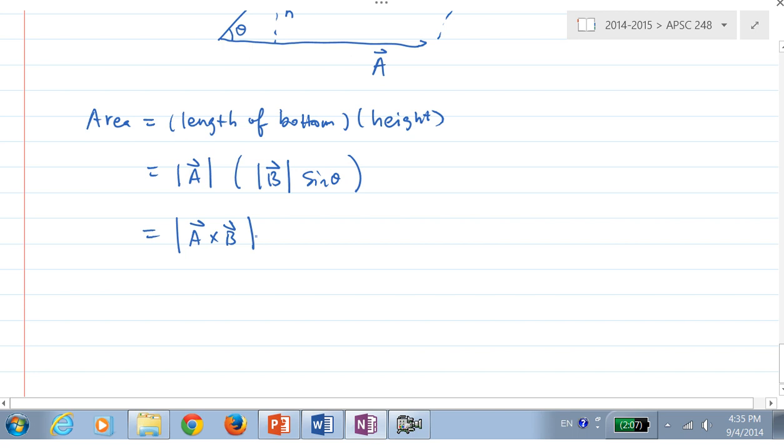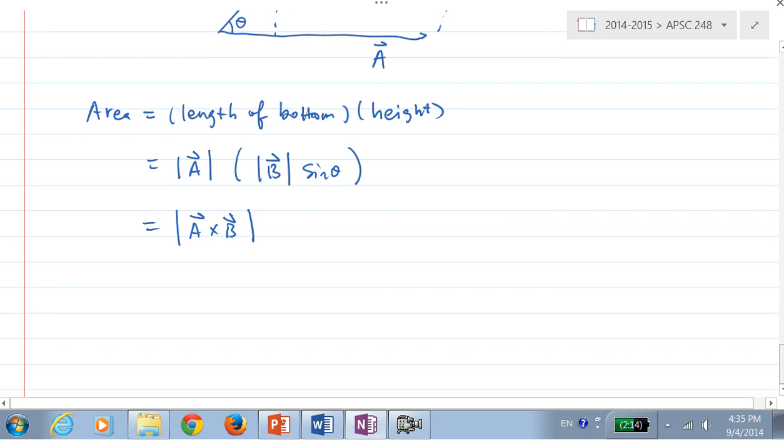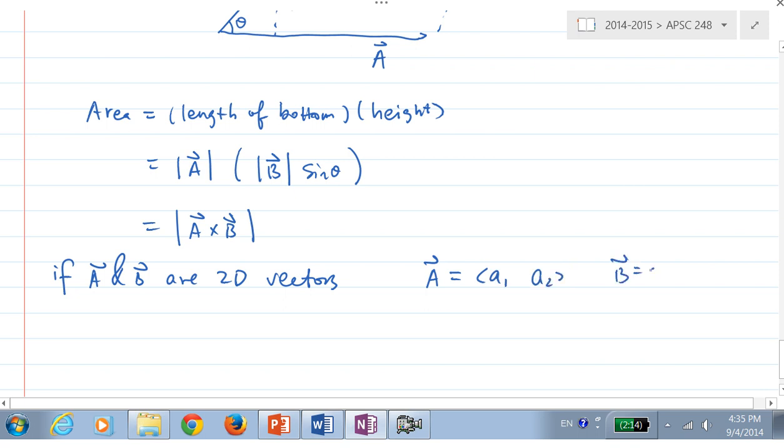The magnitude is the length of the cross product, A cross B. And more interestingly, if A and B are 2D vectors, 2D vector basically means the z component is 0 for A and B here. So maybe A is A1, A2, and B is B1 and B2. Well, you can put a 0 here if you want.